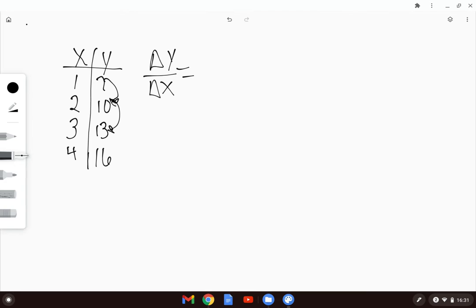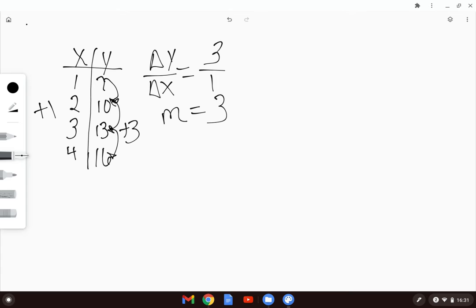So this entire change in y is increasing by 3. Then if I look at my x values, 1, 2, 3, 4, well, that's pretty easy to see. That's increasing by 1. So in this particular table, my rate of change or my slope is going to be 3. So that is my first step, to find the slope.